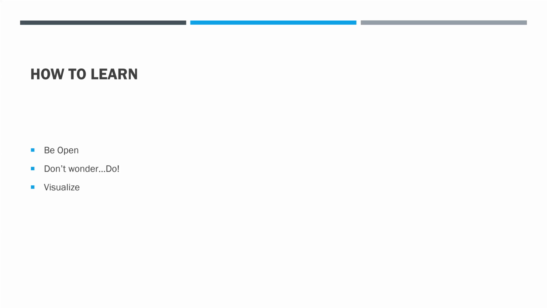Over time, your PowerShell skills will increase and you'll be able to write A and B first and then C. And then you'll get to the point where, oh yeah, I can just bang out A, B, C with no problem. But it only works because you have built up those visualization skills and those PowerShell muscles to understand and internalize what PowerShell is doing. And I guess that's what's happened with me over the 10 plus years I've been doing PowerShell, as I have internalized it so much that I just do PowerShell without even thinking about it. And ideally, you will reach that point too, but it will take time.